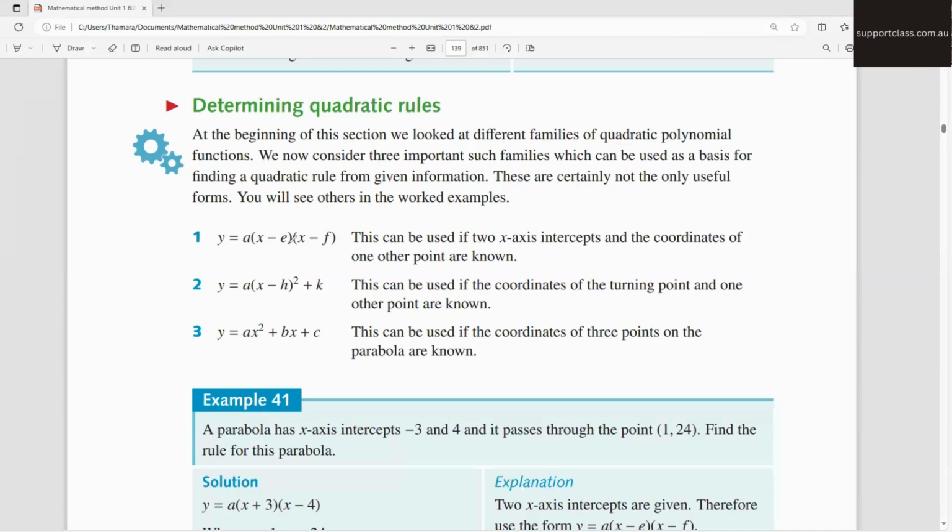That's the equation given like that. According to the null factor theorem, assume that y is equal to 0 and then find the values of x.